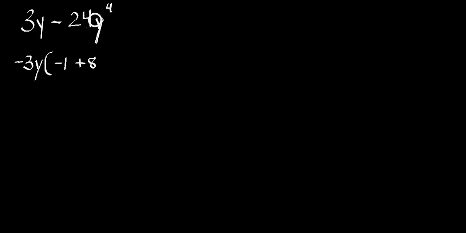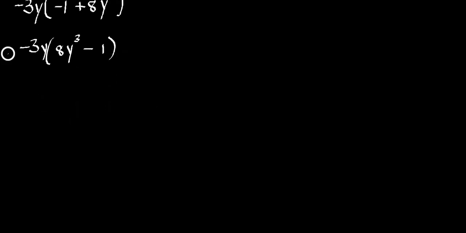Y to the 4th divided by y, that's y cubed. And I'm just going to rewrite this differently, so I'm going to switch them around. So I'm going to write the 8y cubed first, minus 1. I just want it to look like that. Okay? And now, if you just simply ignore this negative 3y, we have a cubic factoring problem here.